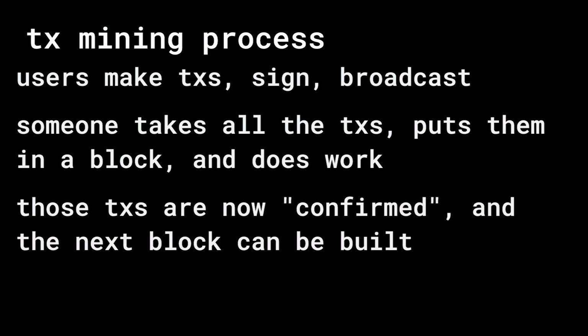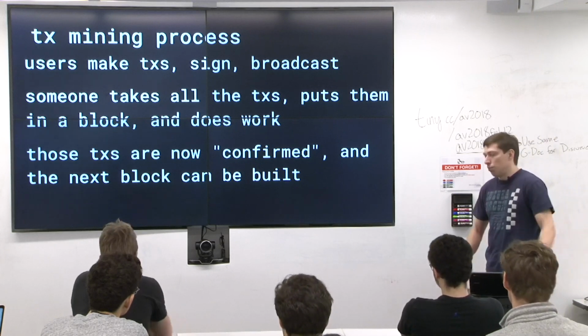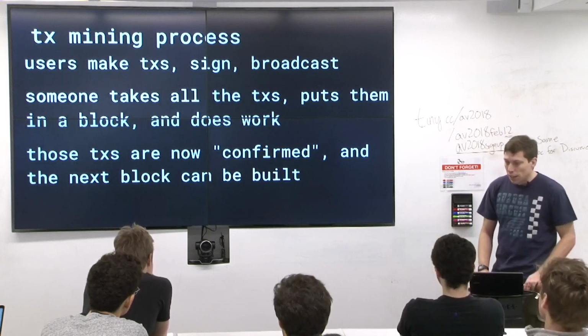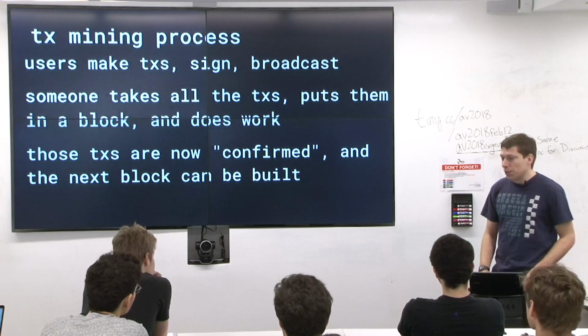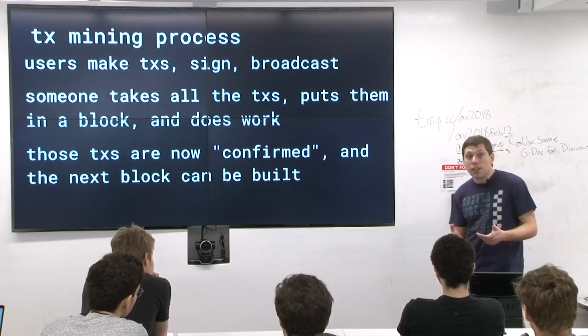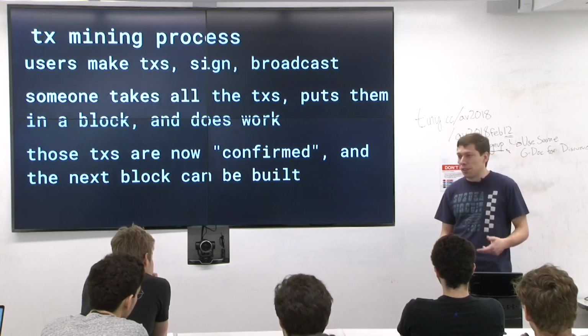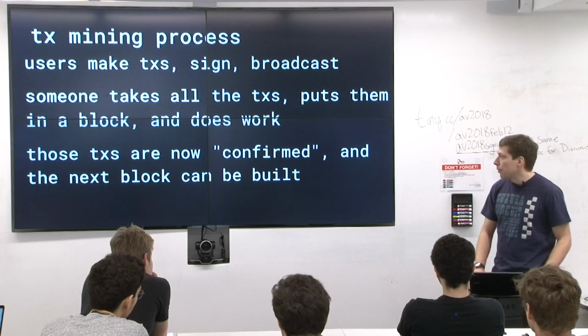And then someone, the miner, takes all these recent transactions that they've seen and puts them into a block and then does some work. So those transactions are now confirmed, and people can build the next block. So the only difference from the current problem set is instead of putting your name in, you can put your name, but you also put all these messages that you've seen recently, and so you commit to them that way.